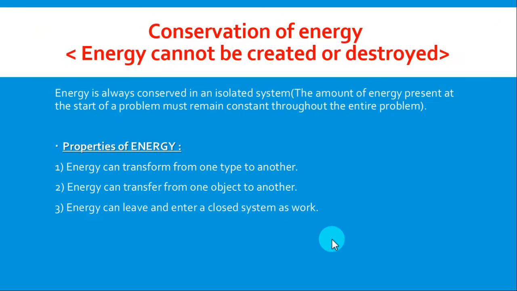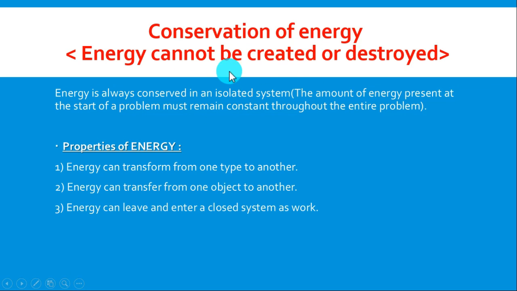Now we want to talk about conservation of energy. For sure, you all know this law. We took it before. Energy cannot be created or destroyed, but it can change from one form to another. Energy is always conserved in an isolated system.